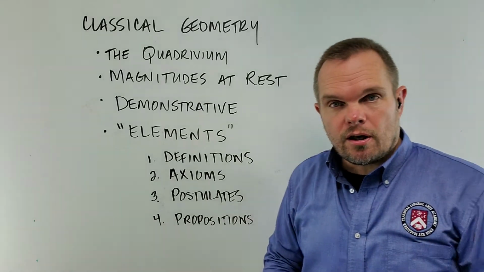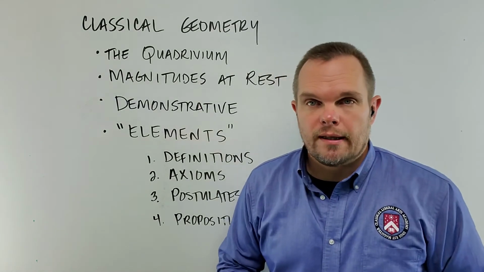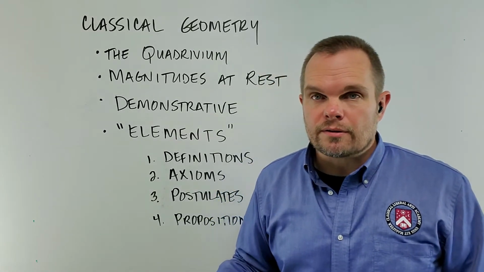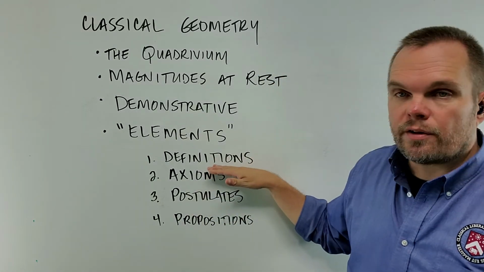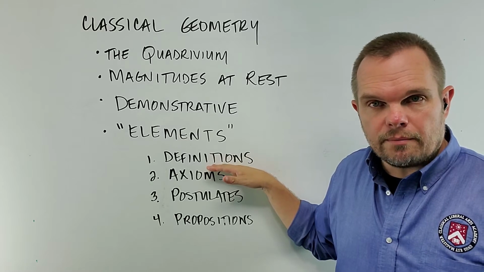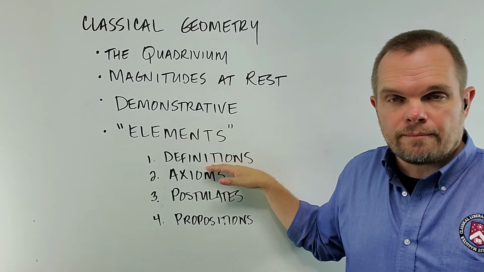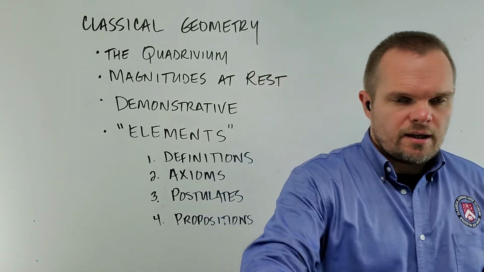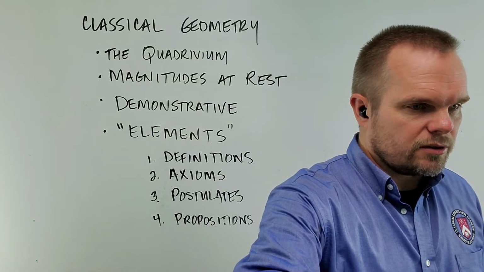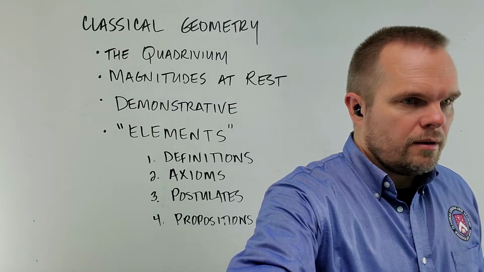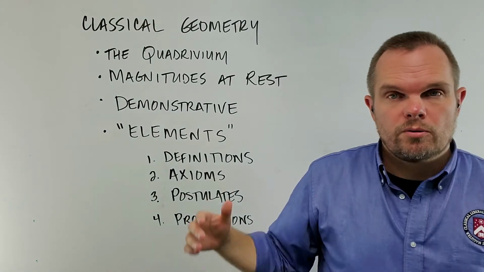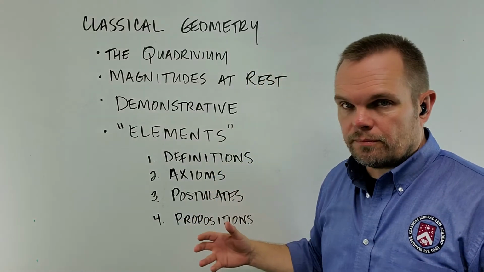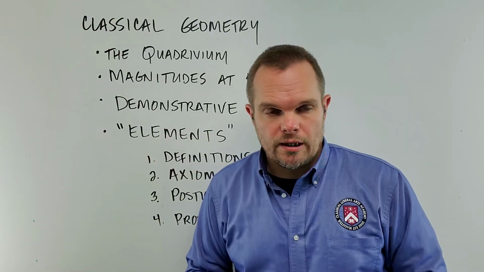Now, as we get started, if you look at the first lesson in classical geometry, you'll see that it's about definitions. Definitions are the first of the elements in geometry. What we're going to do is we're going to establish, I think it's 36, let me just check. 34. We're going to establish 34 definitions of terms that we're going to use in geometry.